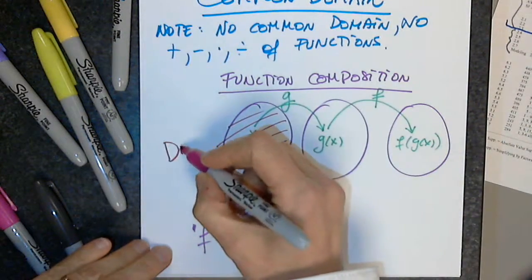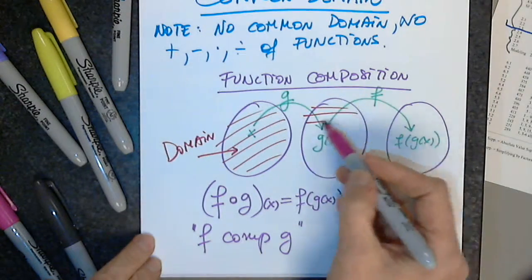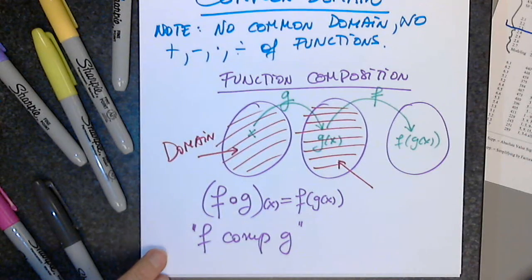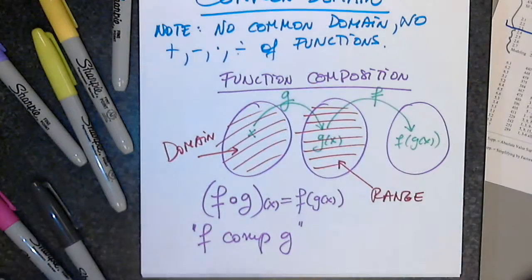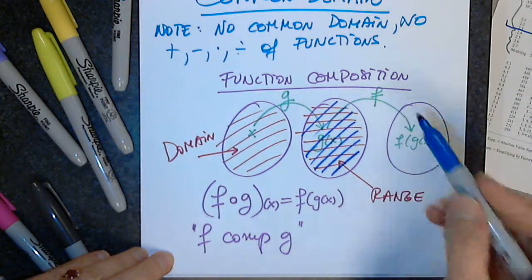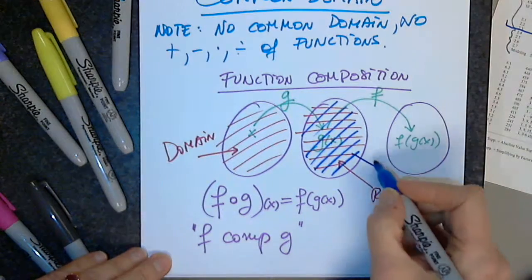Very good. Now, what is this set for g? Very good. It's where the values of y of the function are, the range. Good. Perfect. Thank you. What about this same set for f? Very good.